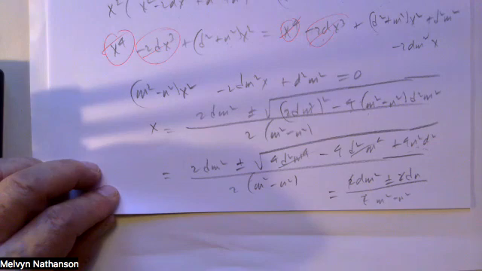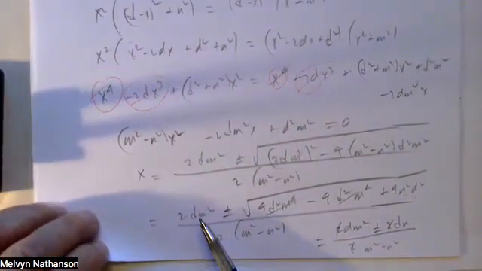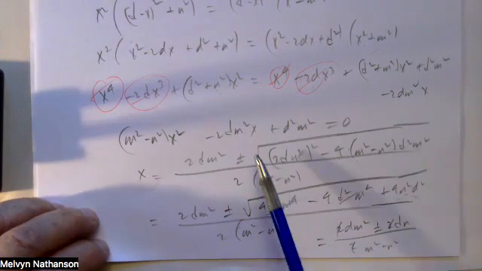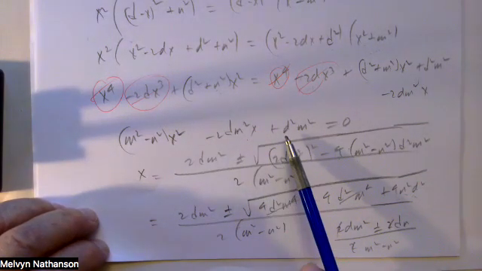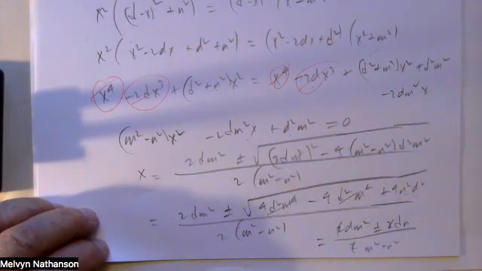Let's just see where that came from. B squared minus 4AC.